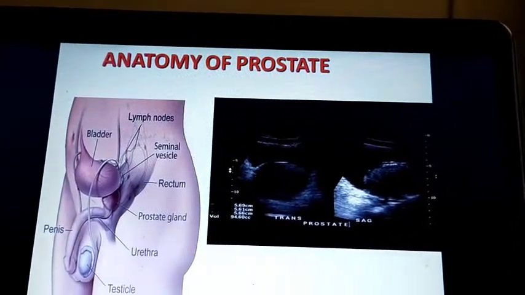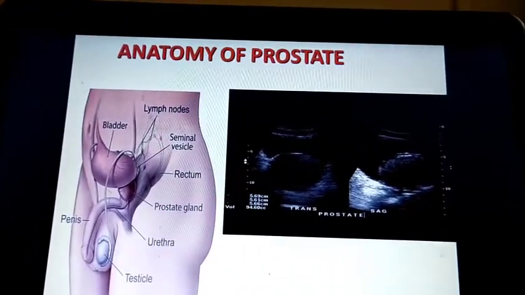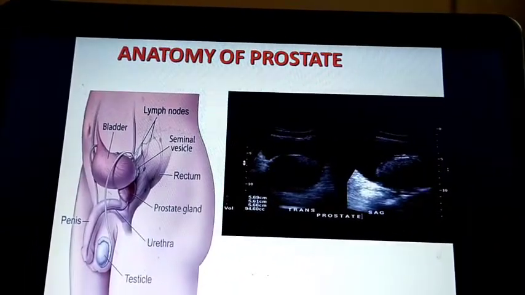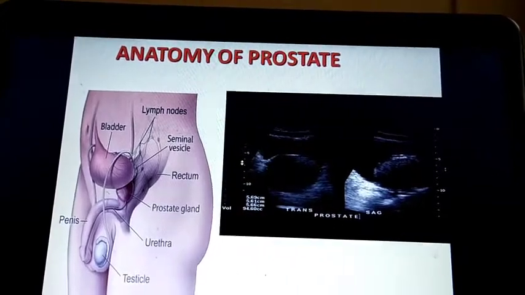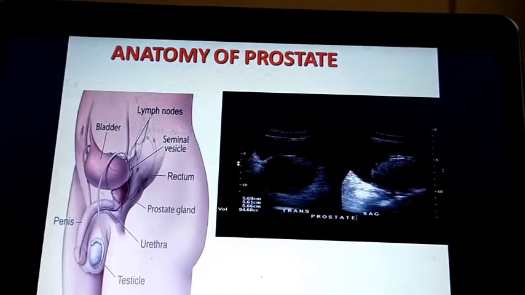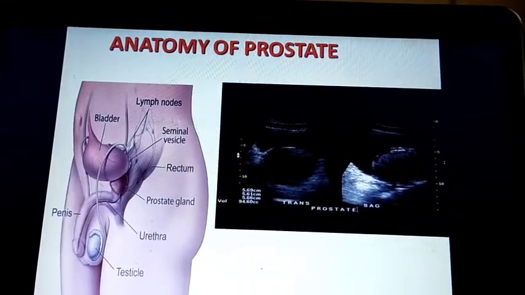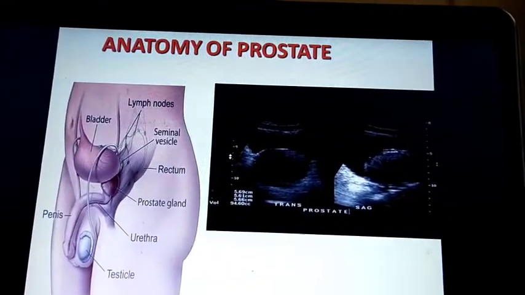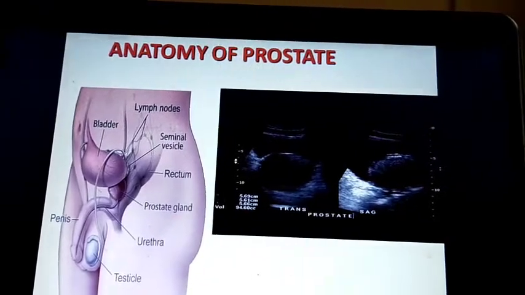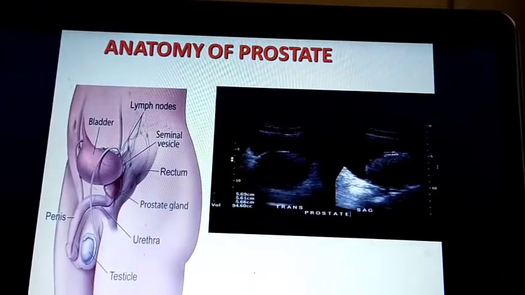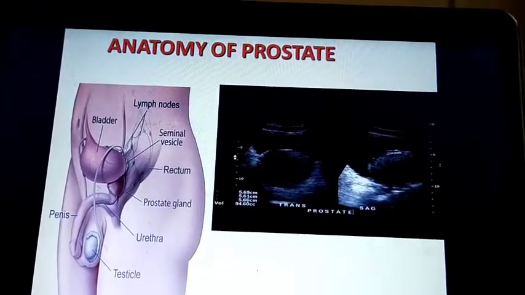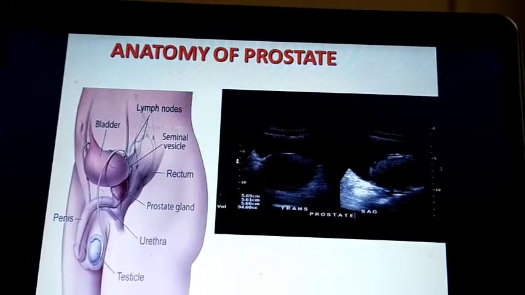Okay, and sometimes this prostate gland also suffers from prostatitis, or prostatomegaly, or cancer of the prostate, like that. Sometimes this causes obstruction of urine also.